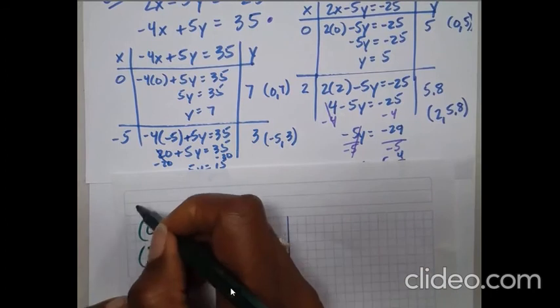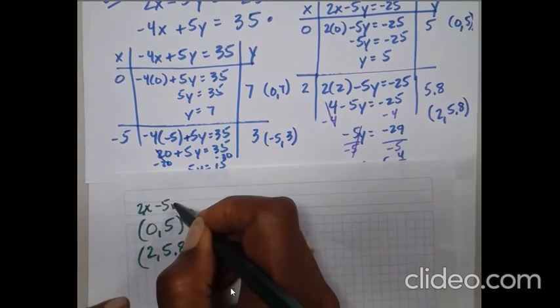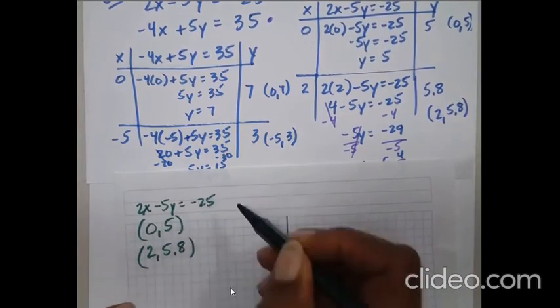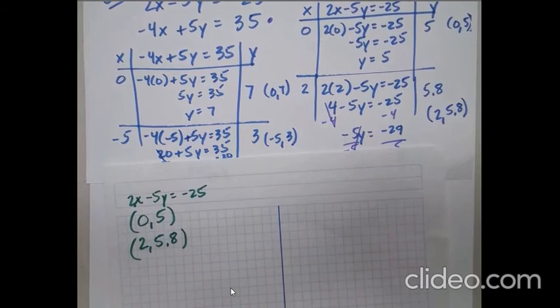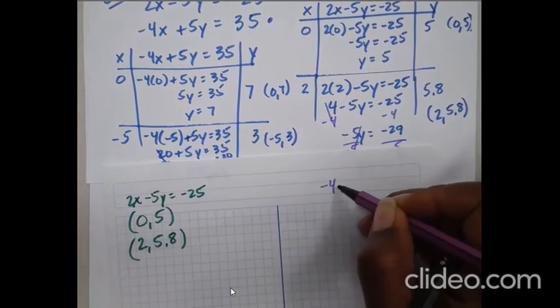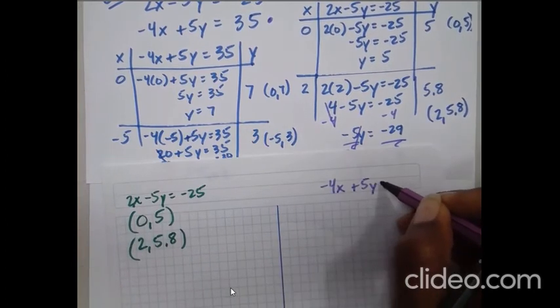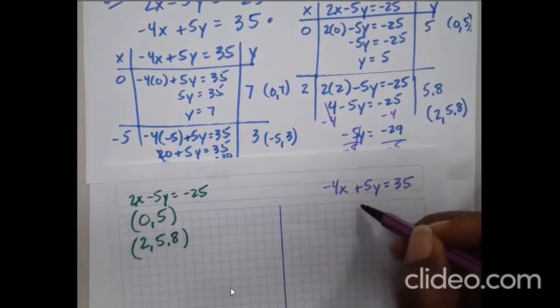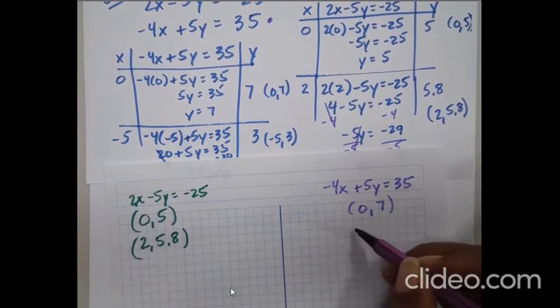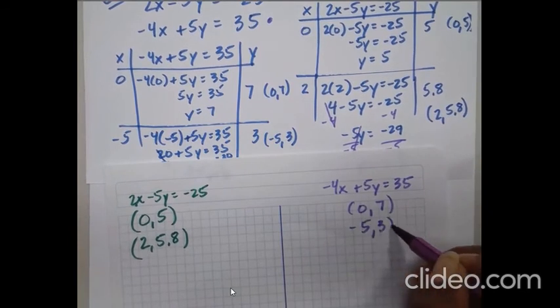This was for 2x minus 5y equals -25. And for the other, which is -4x plus 5y equals 35, we found (0, 7) and (-5, 3).